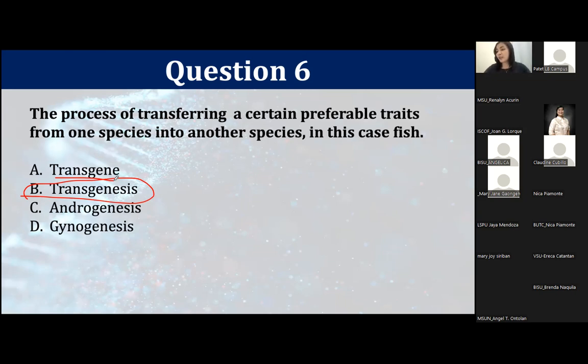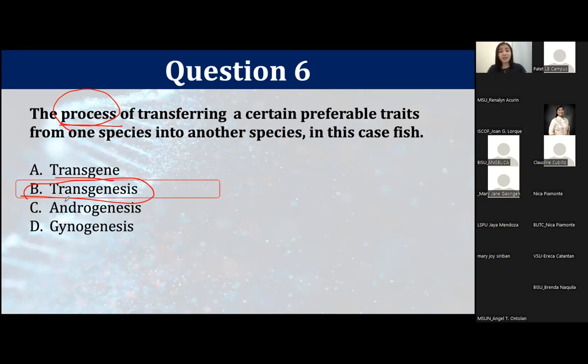Okay, Honey from MSU answered. She said, the term process, very good, that is correct. You can just say transgene, however, there is a term here that refers to the process. So the correct answer here is transgenesis.